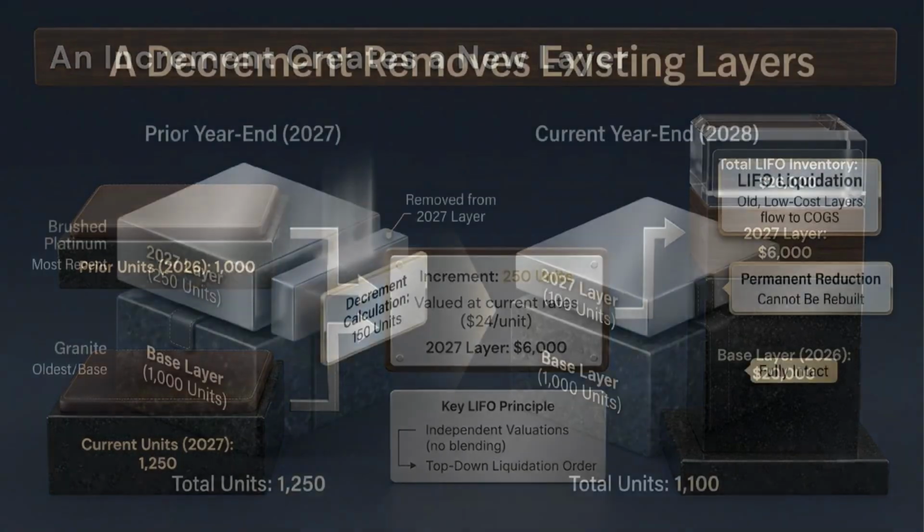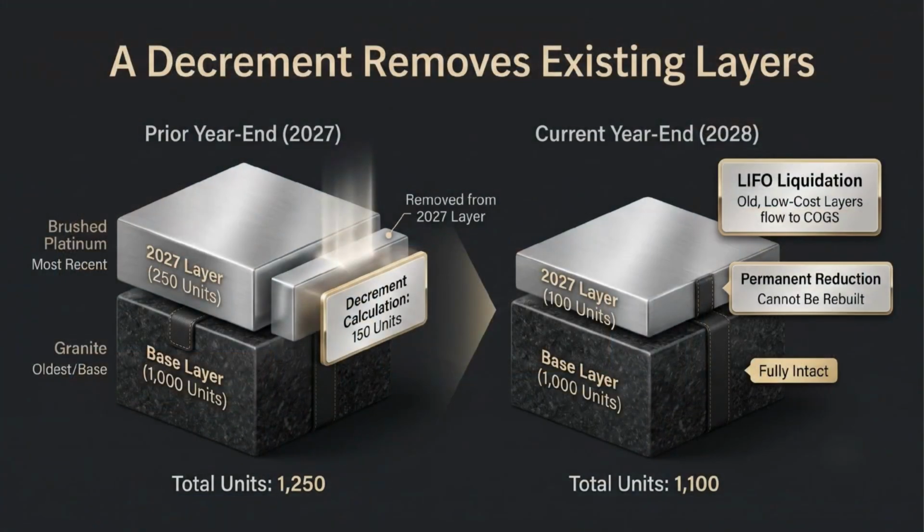A decrement removes existing layers. In 2028, ending inventory falls from 1250 units to 1100 units. So the decrement is 150 units. Under LIFO, the most recent layer is removed first. So the reduction comes from the 2027 layer.